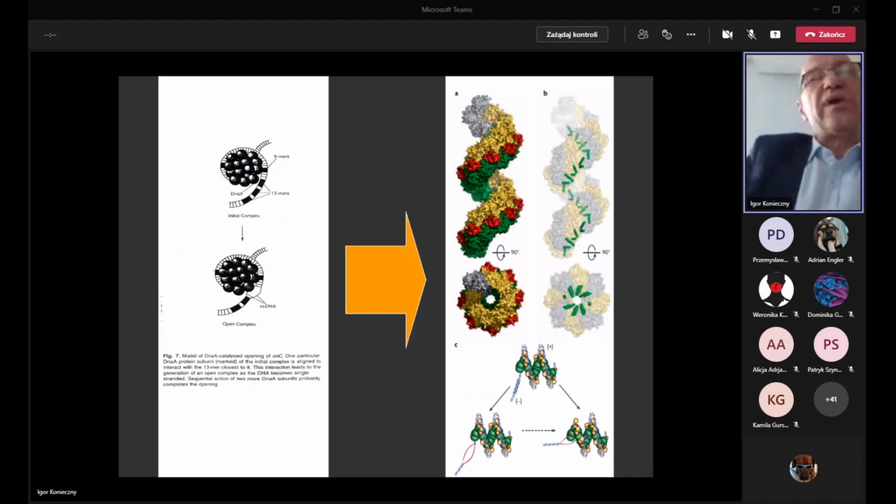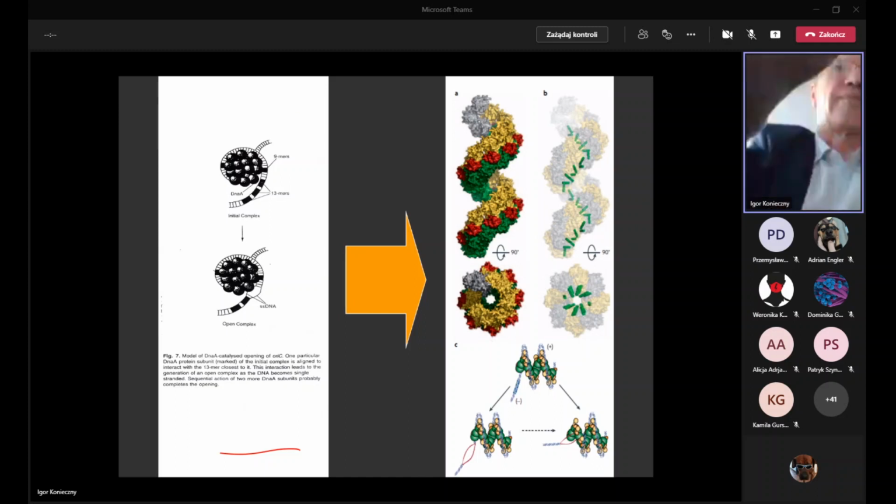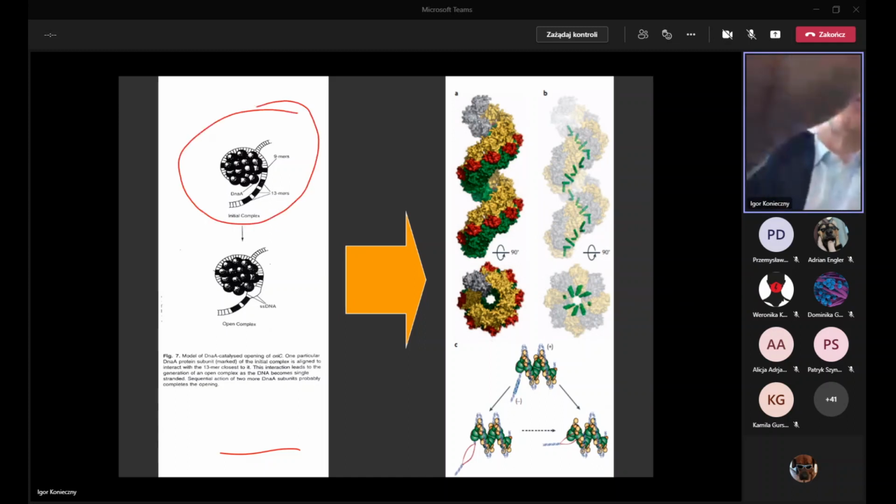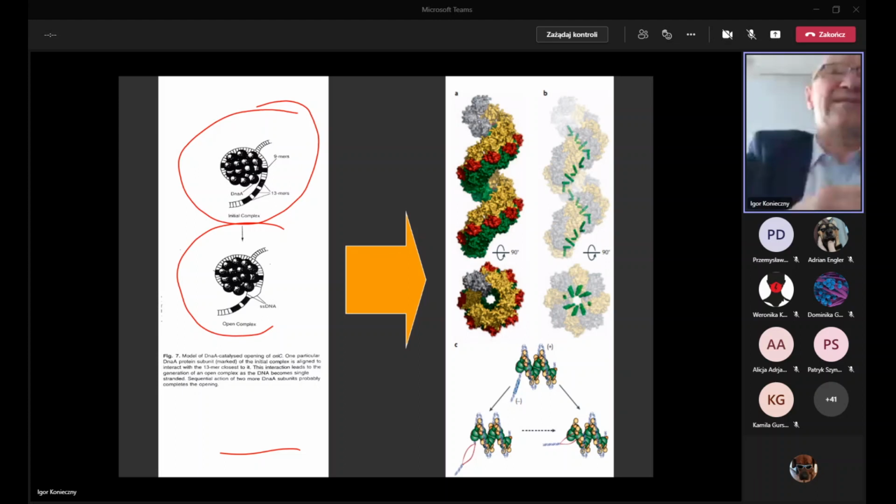Well, so how many years have we moved? That's okay. So, Kornberg experiments. This model was proposed in, I think, the 80s or maybe 90s.